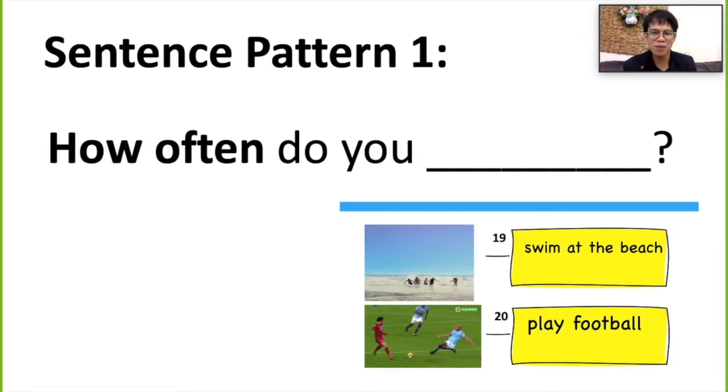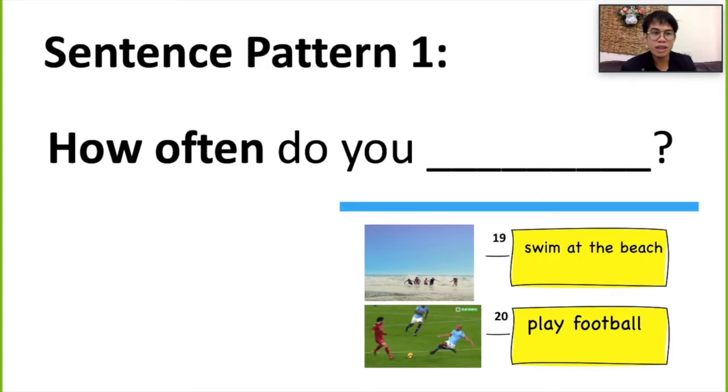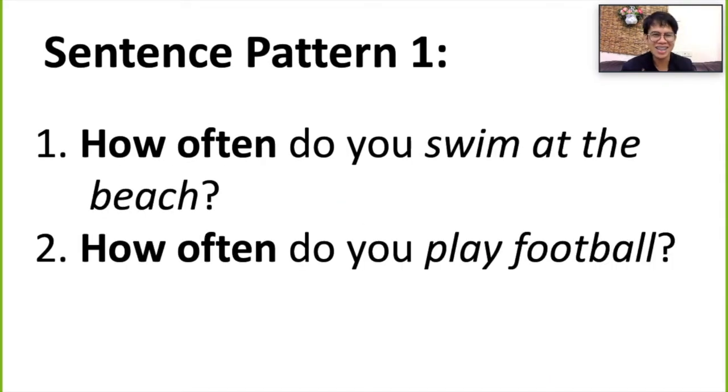Again, our sentence pattern is, how often do you, and then an activity. So you can ask your friend, how often do you, for example, swim at the beach or play football? Very easy, right? How often do you chat online? How often do you play a guitar?